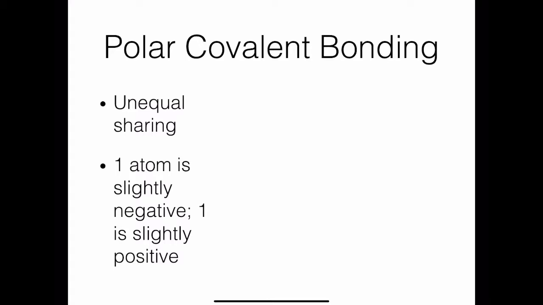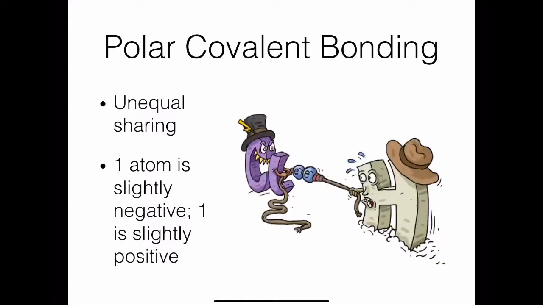That's why we don't have to classify ionic bonding as polar, because by its nature, it is polar. There is one positive and one negative. So in this specific type of covalent bonding, we have one that's slightly negative and one that's slightly positive. So you can see here that one of these atoms, the chlorine atom, is quite a bit more aggressively pulling on those shared electrons than hydrogen is.